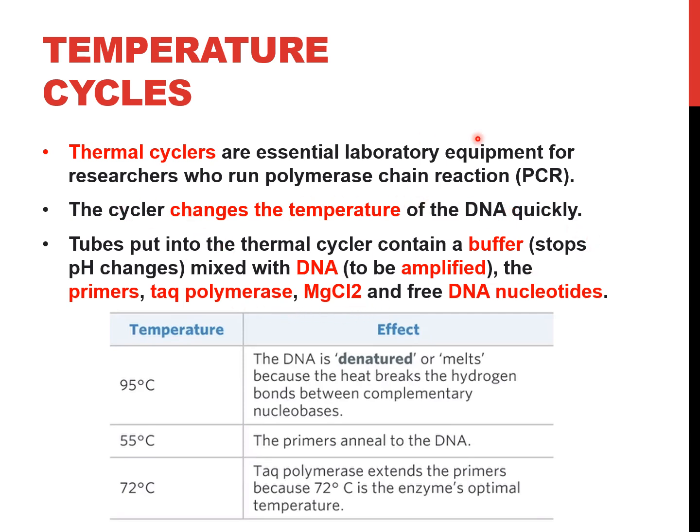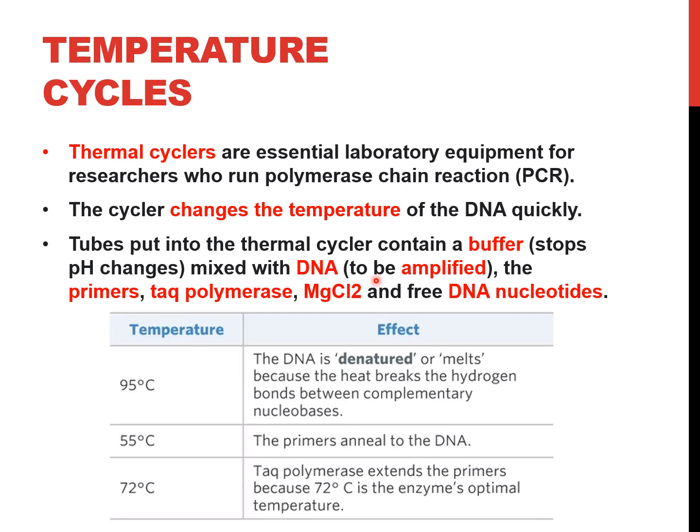They add a few different things in, and make a big soup to do this PCR process. What are the things that go in? Firstly, a buffer to keep the pH. If you're making a bunch of nucleic acids, that's going to get acidic, so you need the buffer to stop that and keep it a bit more regular.